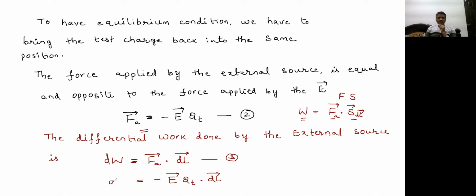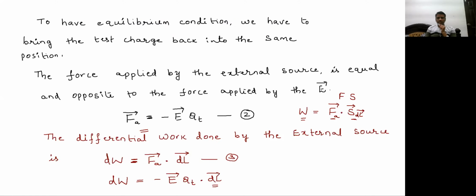But this is a differential work done. To get the total work done, we have to take the line integration, because it is in the form of a line. So we have the integral of Fa dot dl, which is a differential length.